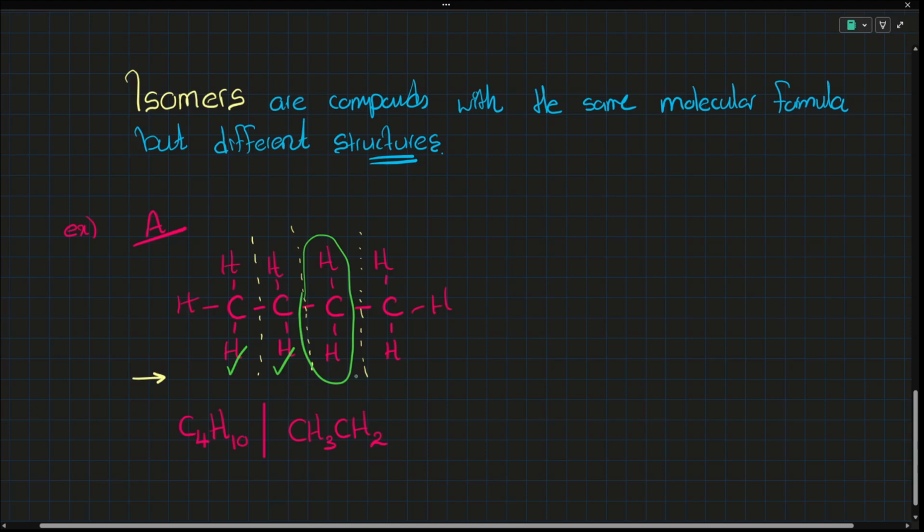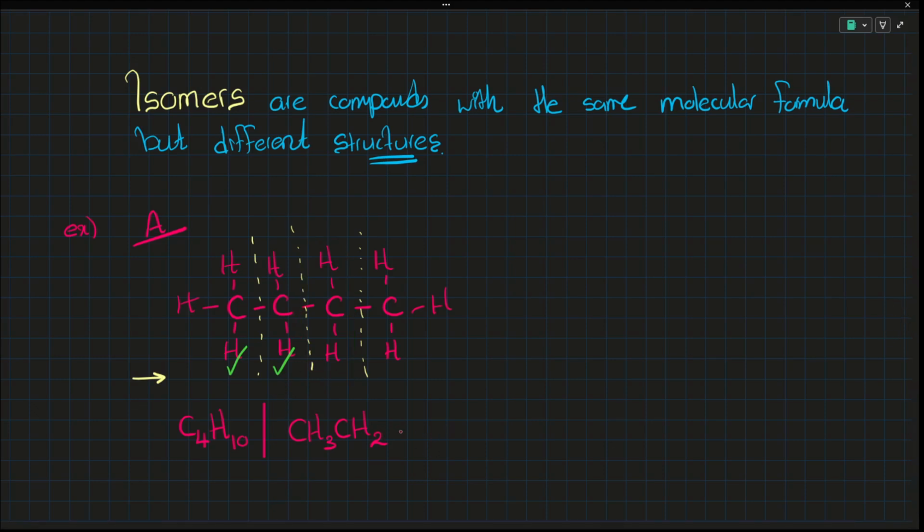That's another CH2. That's done. What am I finally left with? There's a CH3. This is the displayed formula of compound A, the molecular formula, and this is the structural formula.